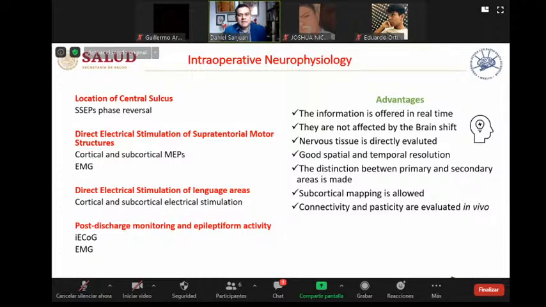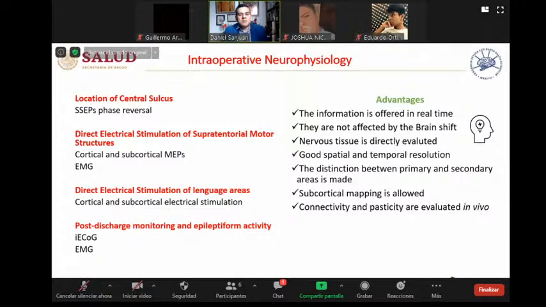In some cases, it is the gold standard to evaluate the function of the central nervous system, having a very exclusive spatial and temporal resolution, and it's possible to distinguish which is the primary area or the secondary area, which sometimes is not easy to define in functional magnetic resonance.